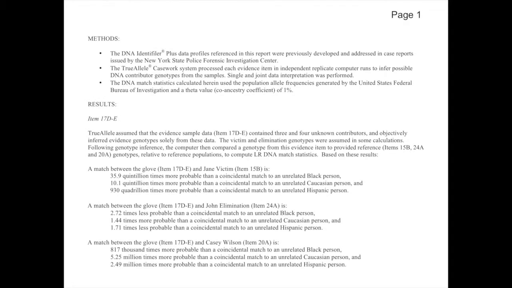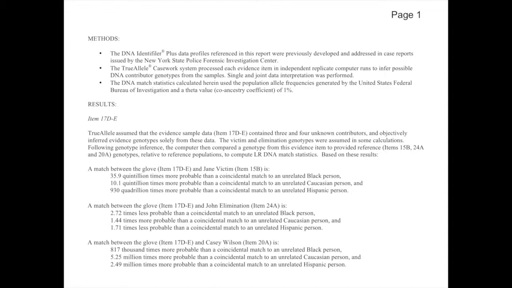And then more specifically, for each item in this match report, there's a preamble that summarizes what happened, with a listing of the match statistics in English relative to the different ethnic groups.